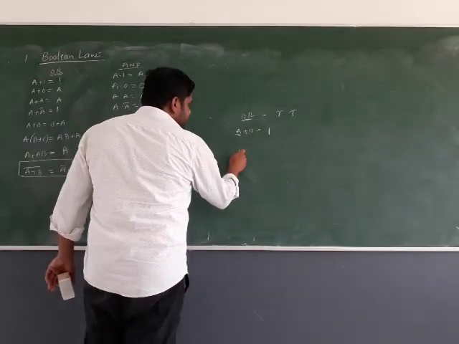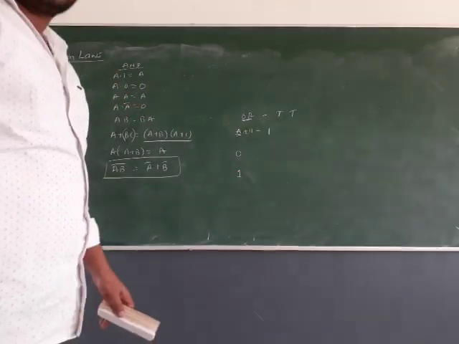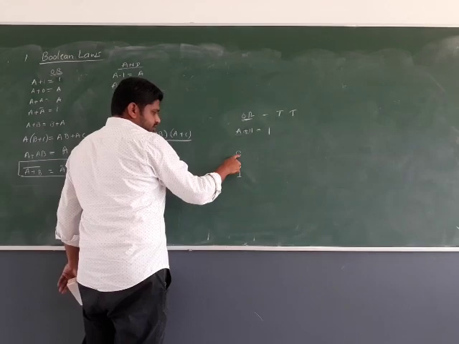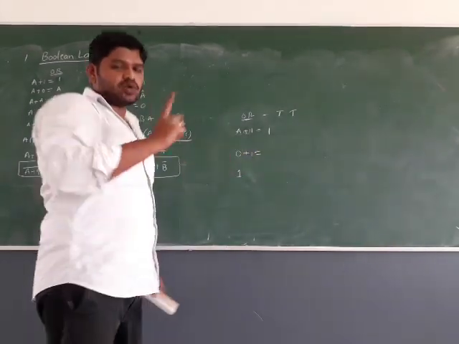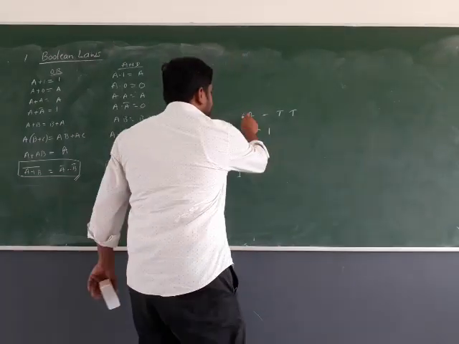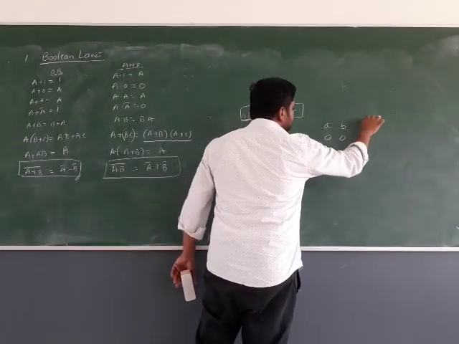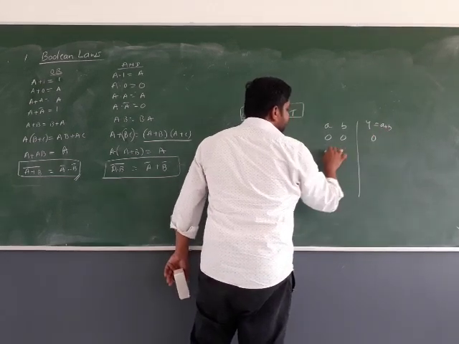A can occur in 0 format as well as 1 format. If I substitute A first as 0 plus 1, refer to a row in the OR logic truth table. Let me recall A, B, Y is equal to A plus B: 0, 0, 1.